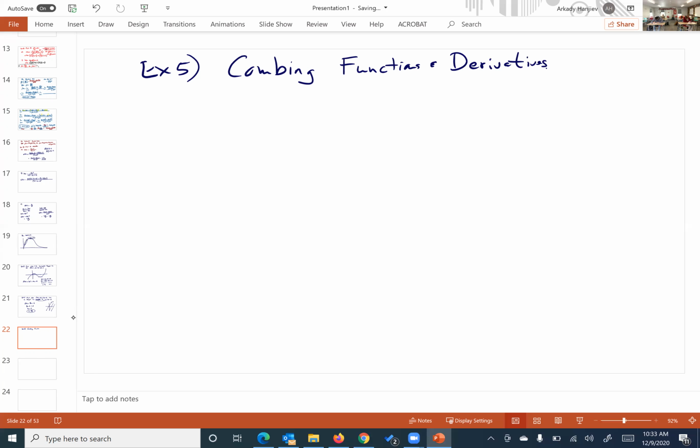Just real quick here, then we'll do A and B. So let's see, I'm going to make k of x equal to 3 times h of x plus x squared times g of x. So just find the derivative.